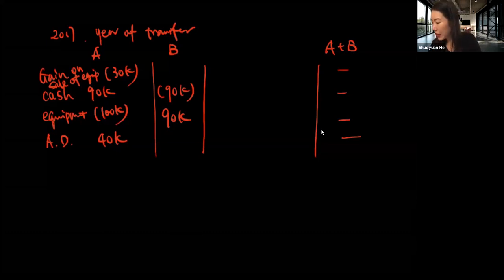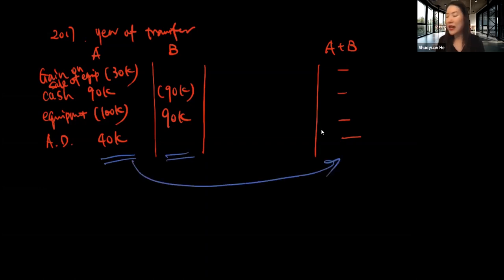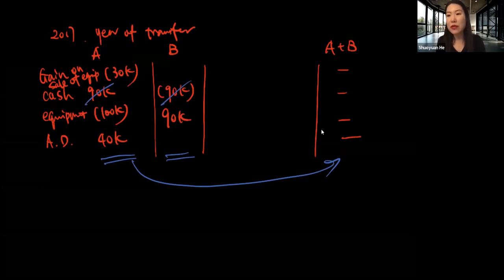So what should we do here? We have Able and Baker, and we need to make it as if nothing happened. As you can see here, even though Baker paid out 90,000 cash, it is received by Able. So cash doesn't change at all if you view the two firms as one firm. So cash is correct here. And then equipment.